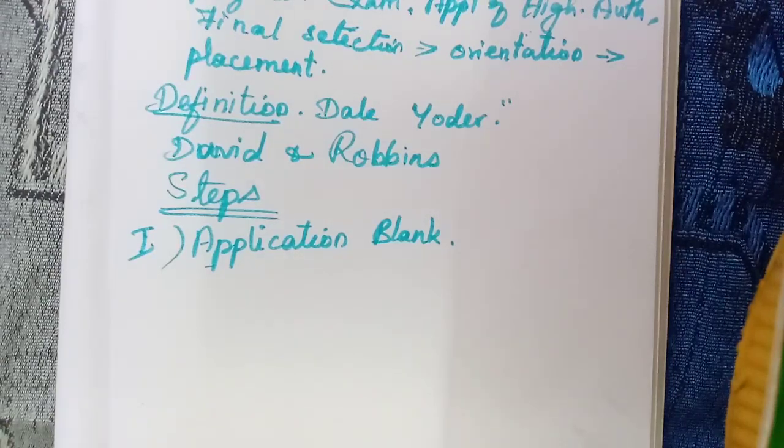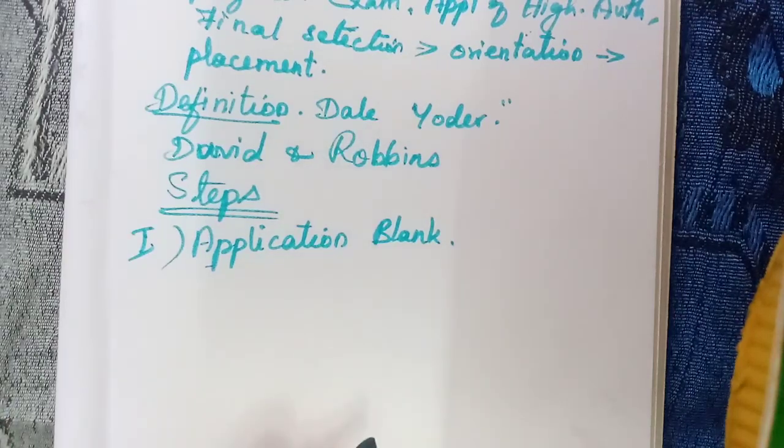What information will they collect from the pre-printed application form? Their family background: name, address, all these explain their family background.